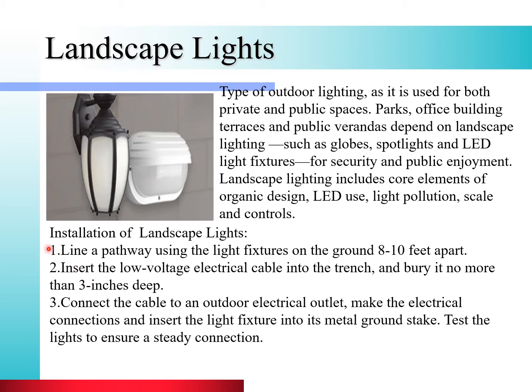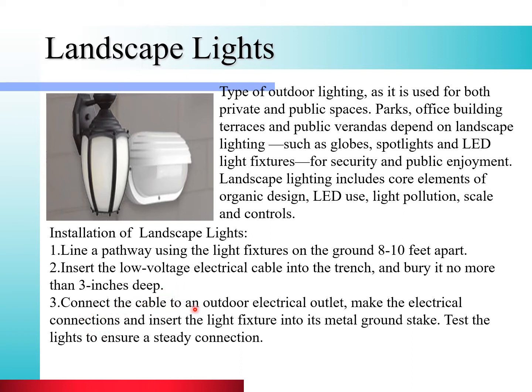We will see the installation of the landscape lights. First, line a pathway using the light fixtures on the ground 8 to 10 feet apart. Second, insert the low voltage electric cable into the trench and bury it no more than 3 inches deep from the ground.